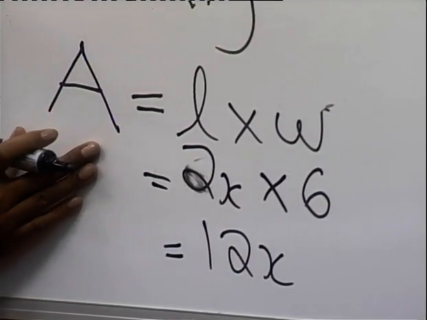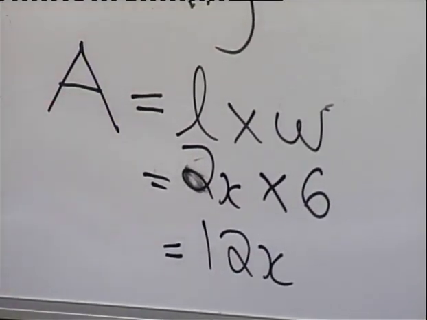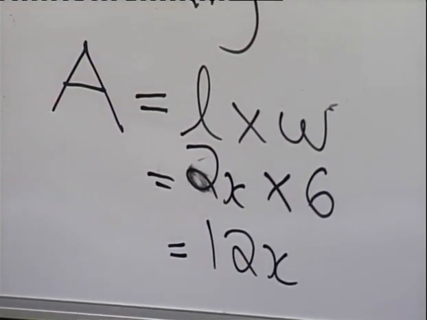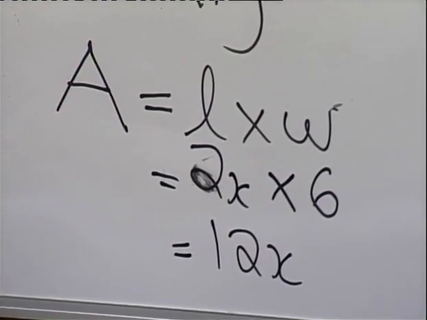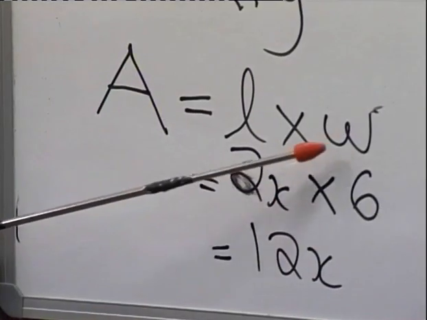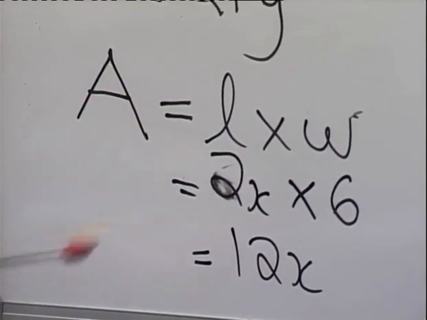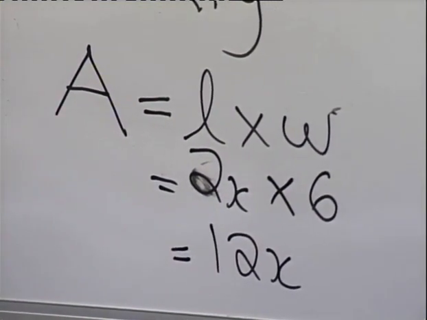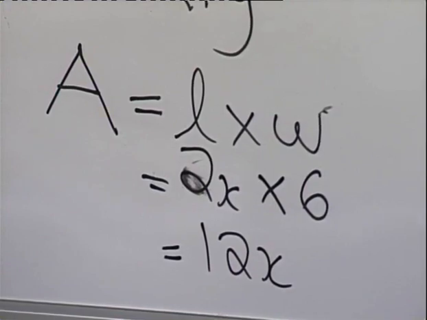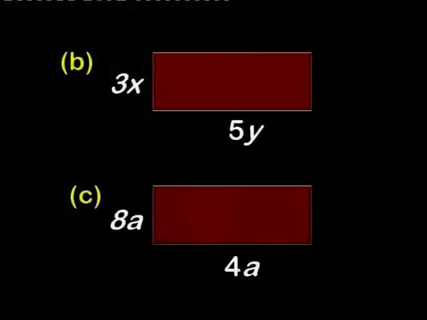The expression that we use to calculate the area is A is equal to length times width, and we replaced length by 2x and the width with 6 according to our diagram, and we came up with the answer as 12x. Now let's see the next two. You will do that again in class.